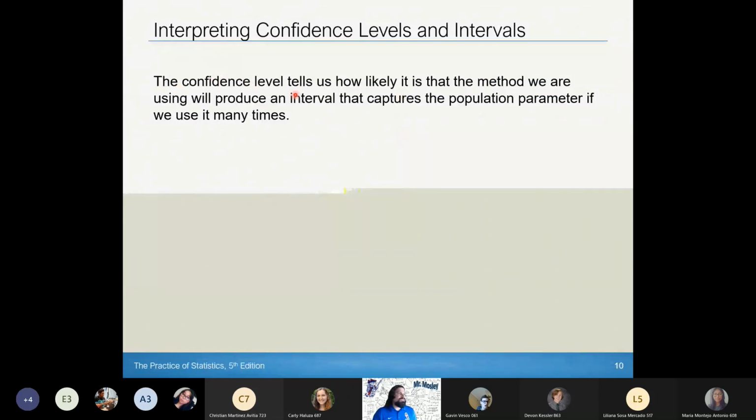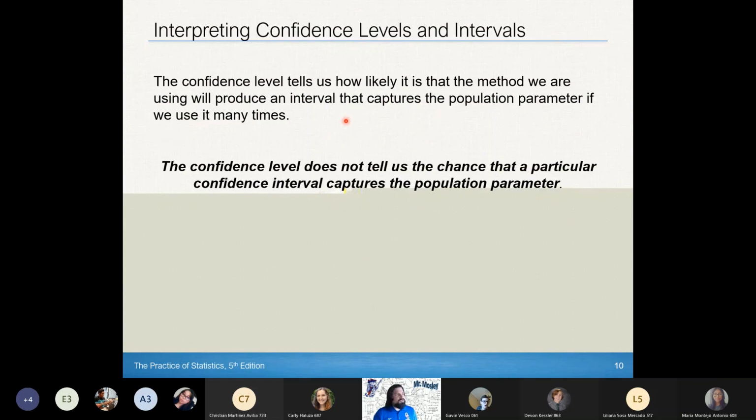The confidence level tells us how likely it is that the method we are using will produce an interval that captures the population parameter if we use it many times. The confidence level does not tell us the chance that a particular confidence interval captures the population parameter.